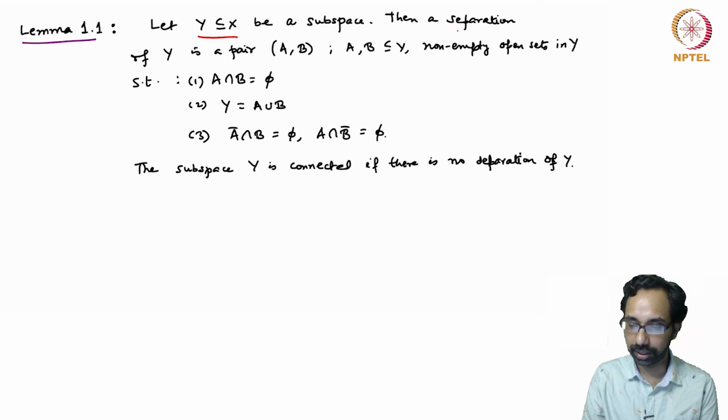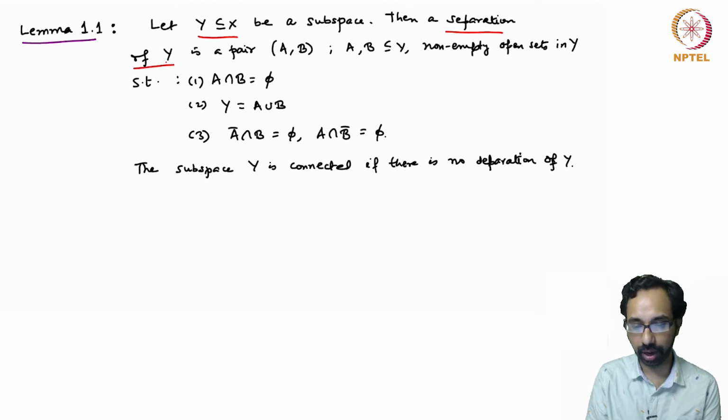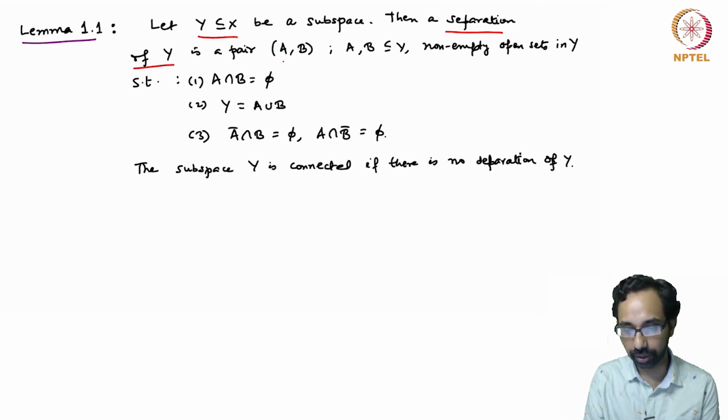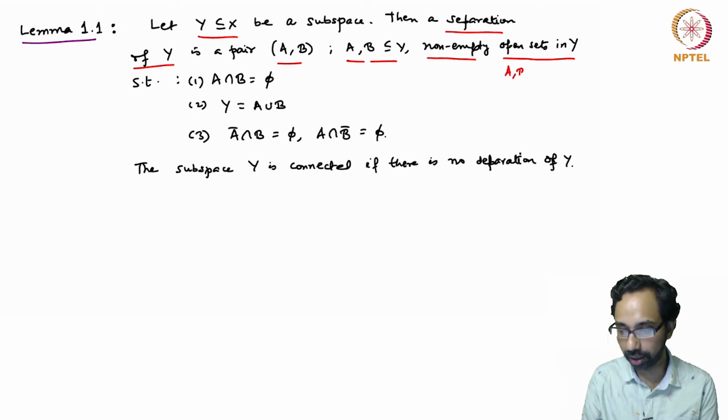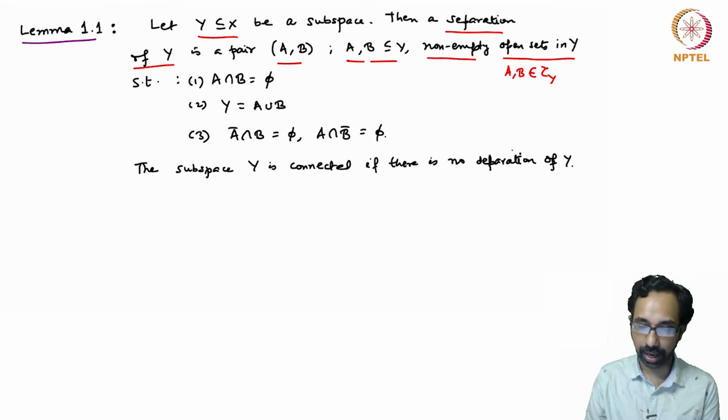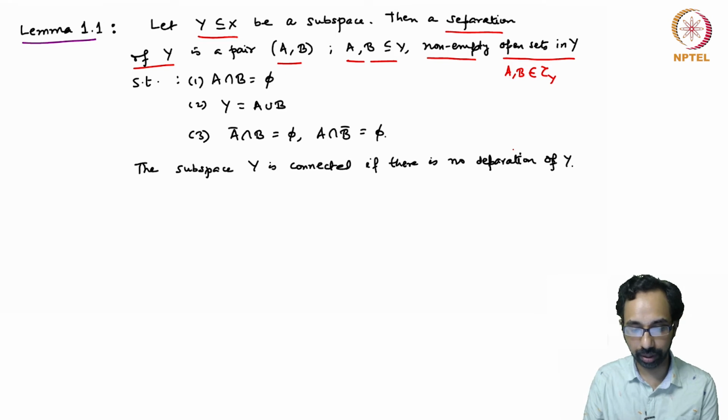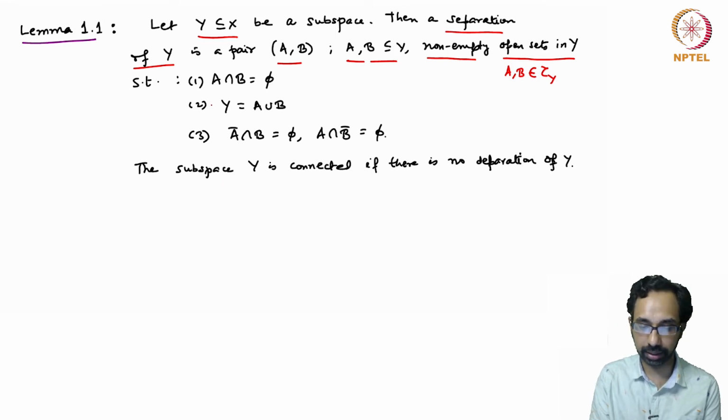So first of all, a separation of Y is a pair of subsets A and B of Y which are non-empty open sets in Y, meaning that A and B belong to tau Y, so they are open in the subspace topology of Y, and they follow the three properties as listed here.